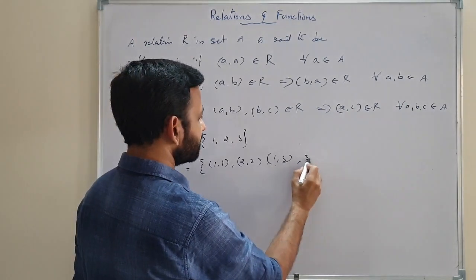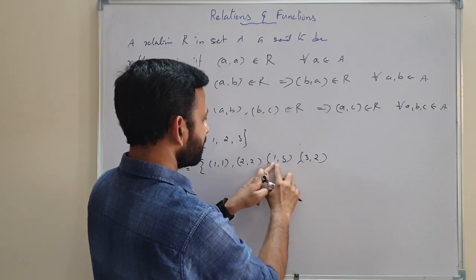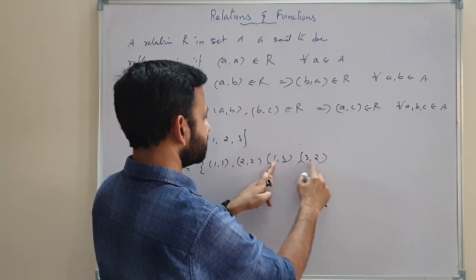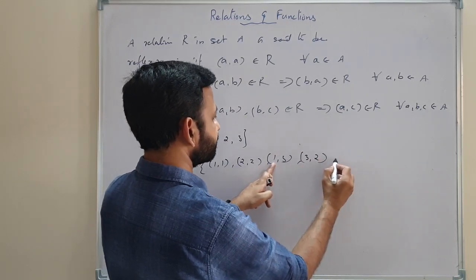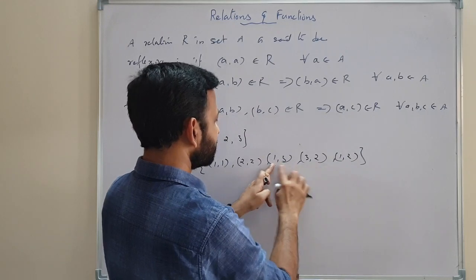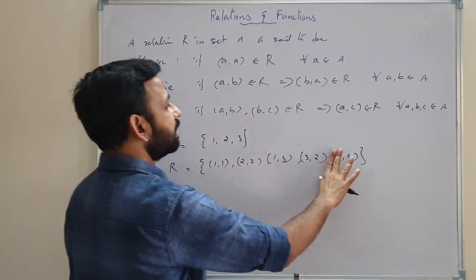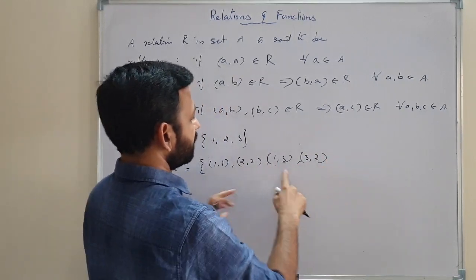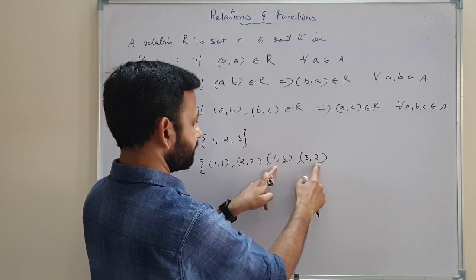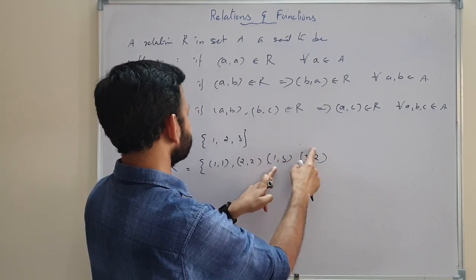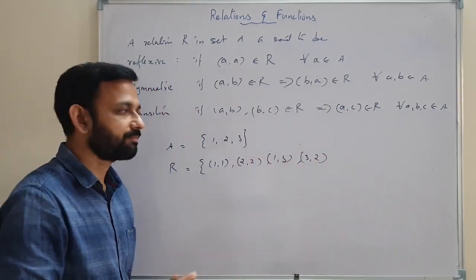Suppose (1, 3) is there, then (3, 2) is there. If we have (1, 2), then (1, 3) is there, (3, 2) is there, and (1, 2) is there. Now it is transitive. But if (1, 3) is there, (3, 2) is there, but (1, 2) is not there, now it is not transitive.